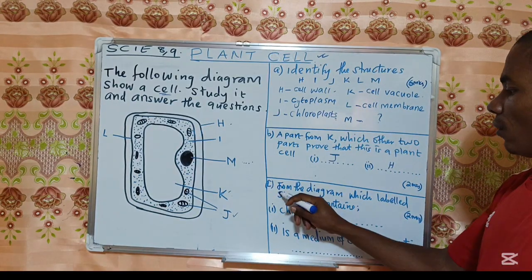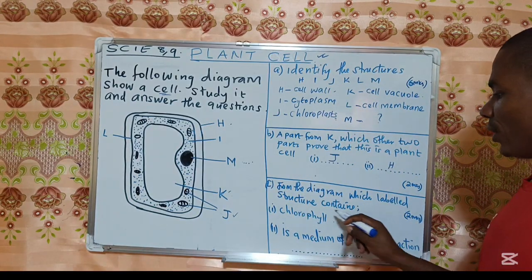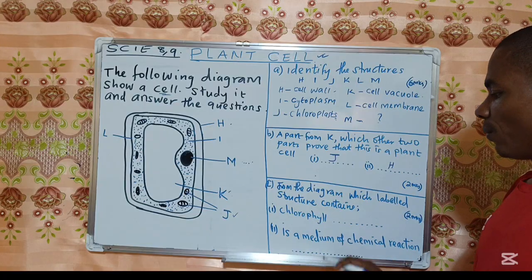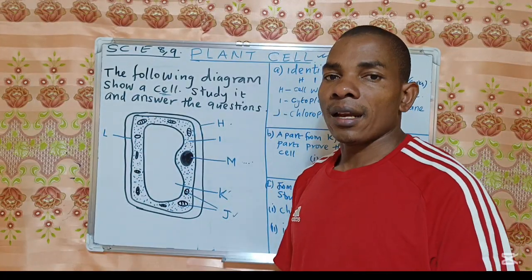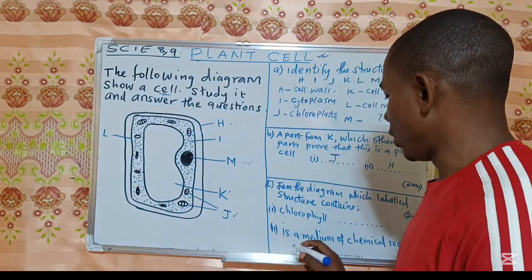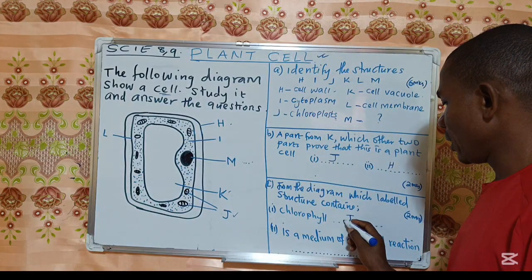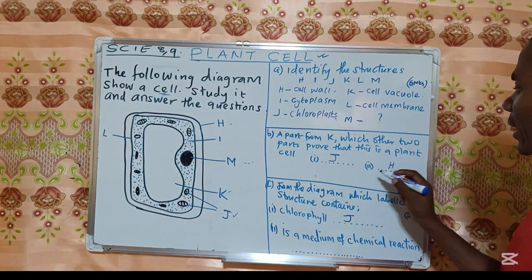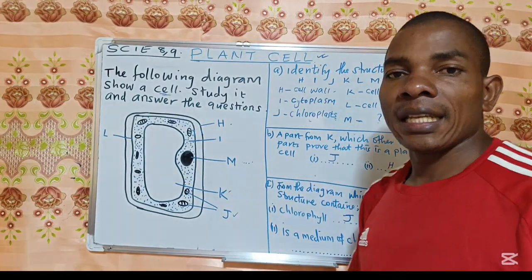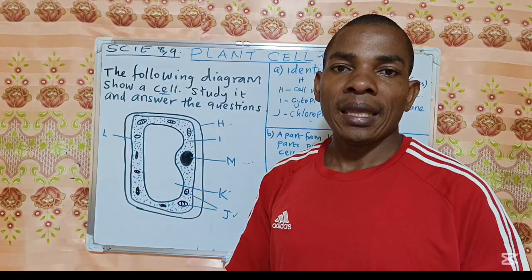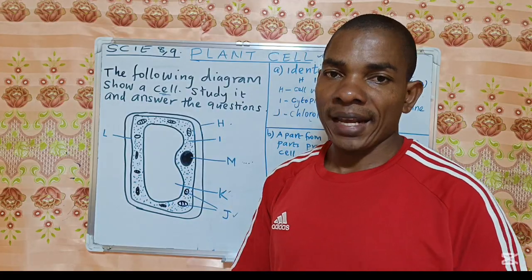Question C. From the diagram, which labeled structure contains chlorophyll? The answer is J. J contains chlorophyll. This is chloroplast, where photosynthesis takes place.